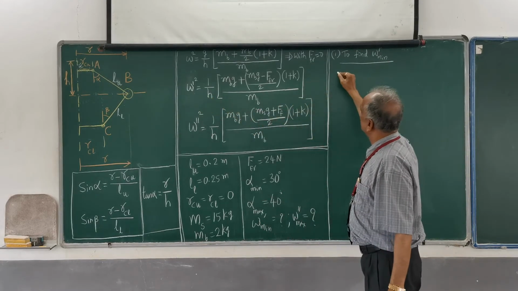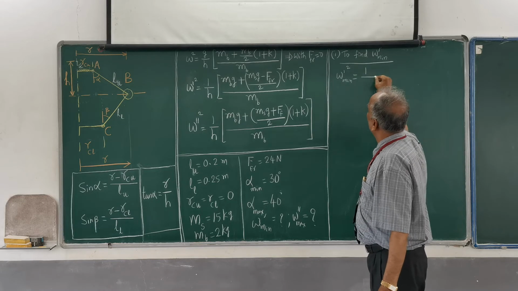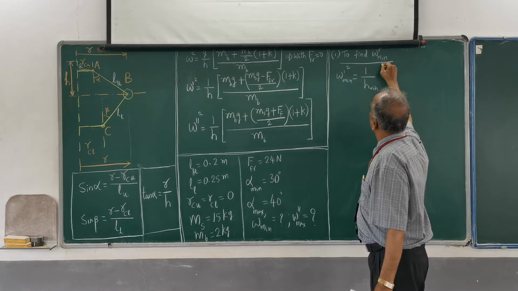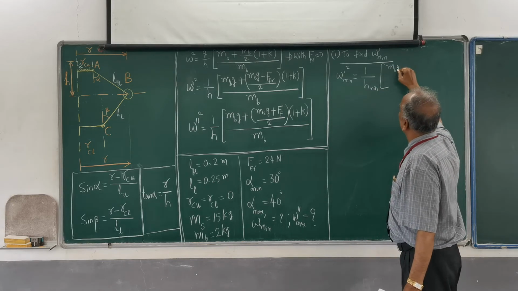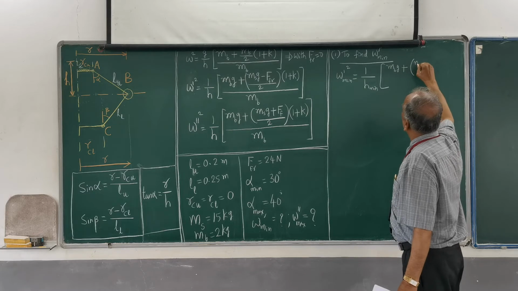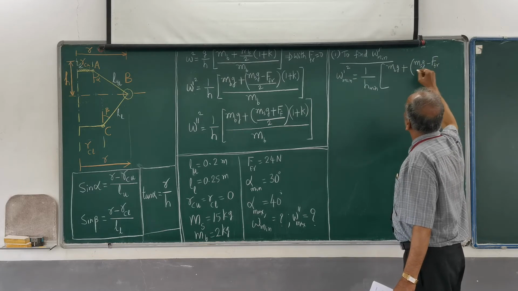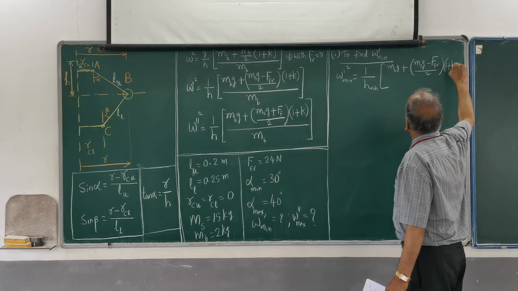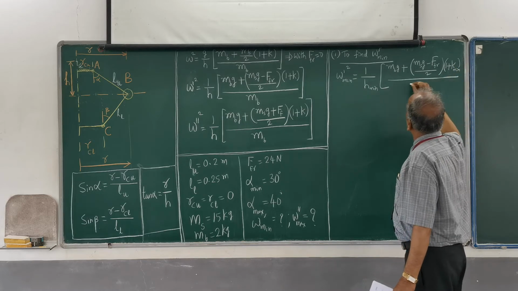I shall write down the expression: omega minimum dash square is equal to 1 upon h minimum multiplied by mb into g plus ms into g minus fr, divided by 2, into 1 plus k minimum divided by mb.